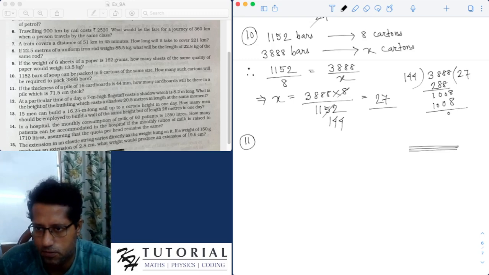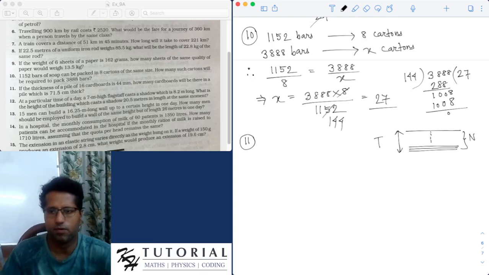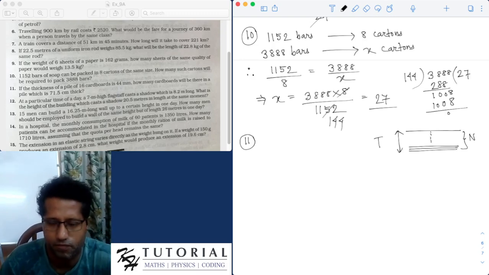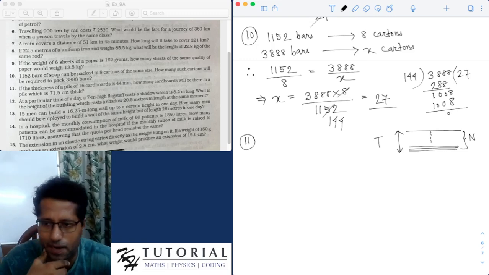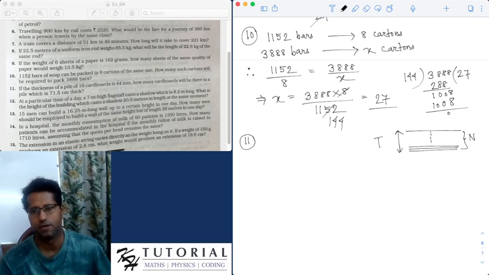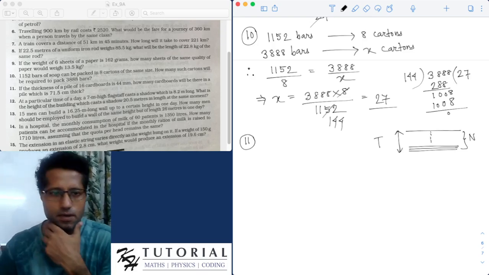These are piles of cardboards, so this is the thickness of the pile, T, and the number of cardboards is N. The number of cardboards and the thickness of the pile are in direct proportion. If there are more cardboards, the thickness will be more, and if there are fewer cardboards, the thickness will be less.